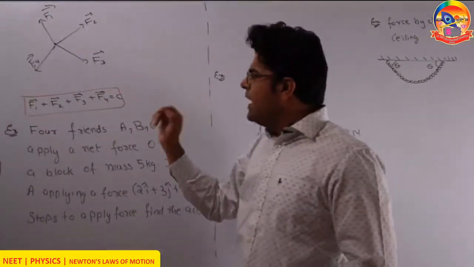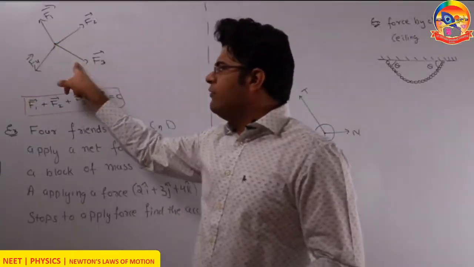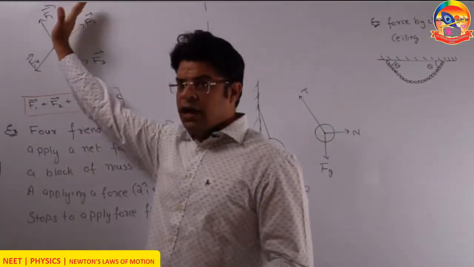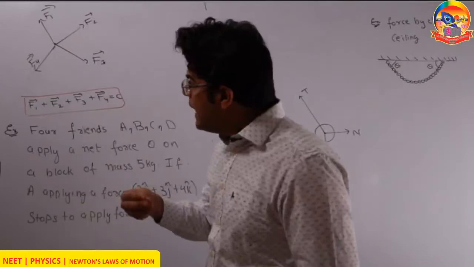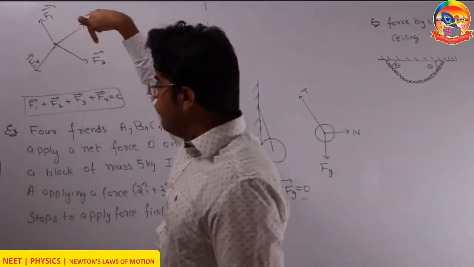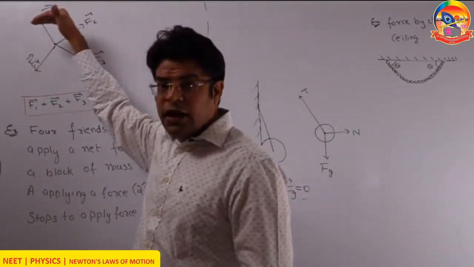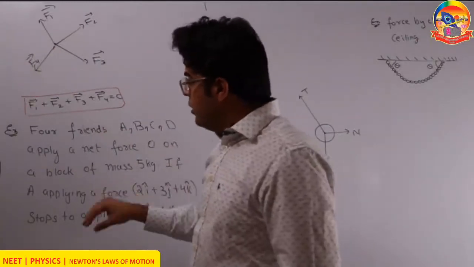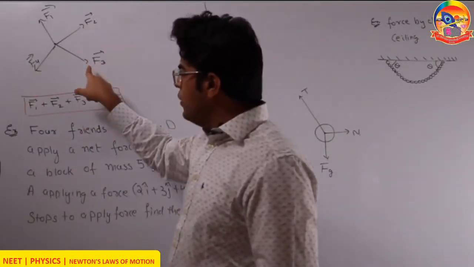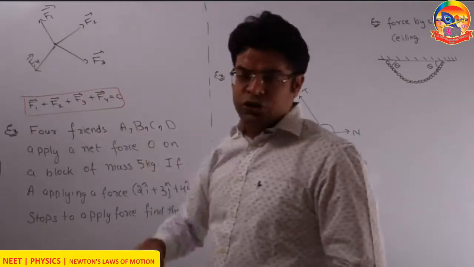So I can say that the resultant of F1, F2, F3 has to be equal and opposite to F4. Similarly, the resultant of F1, F4, F3 has to be equal and opposite to F2. Similarly, the resultant of F2, F3, F4 has to be equal and opposite to F1.